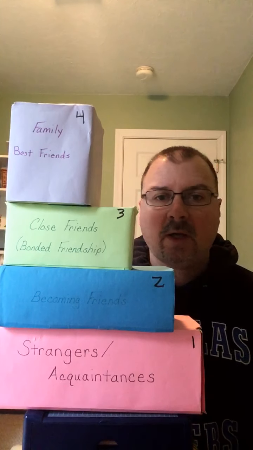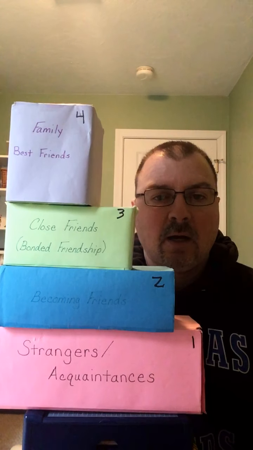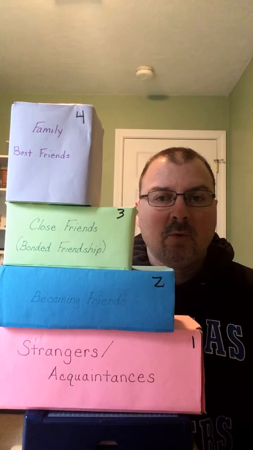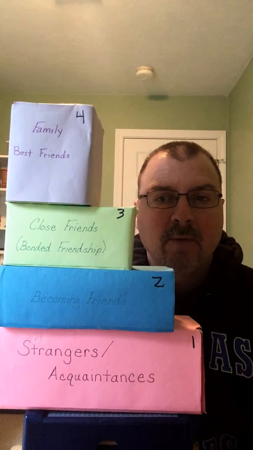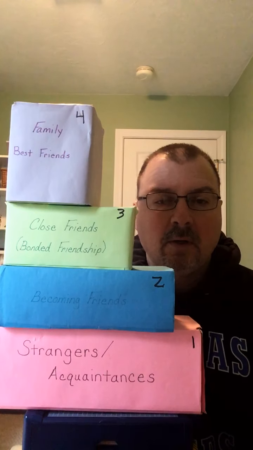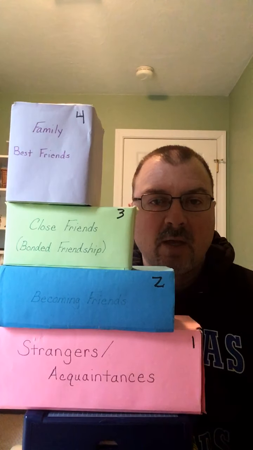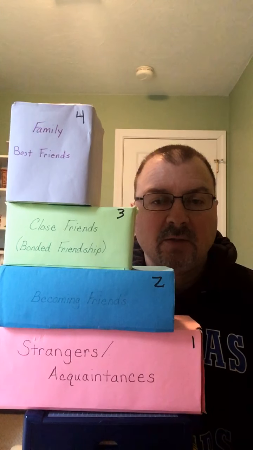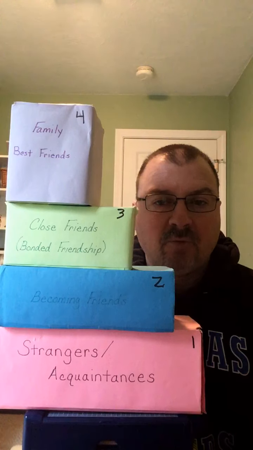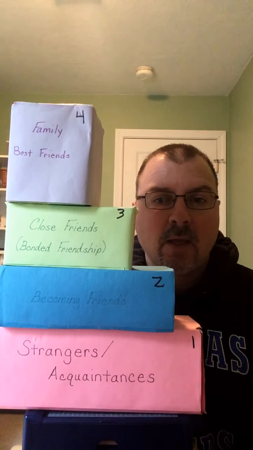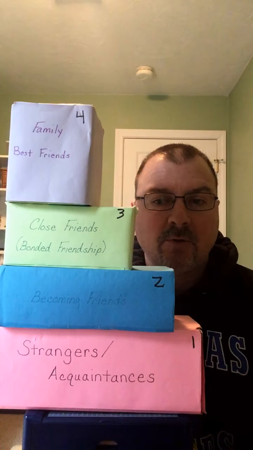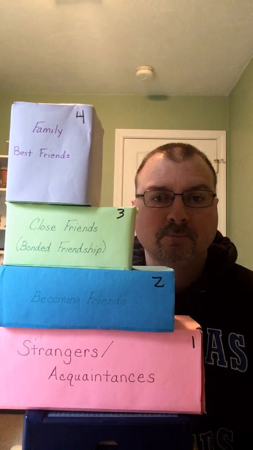So I just want to give you a quick review lesson on the friendship pyramid. Then I'm going to give you a little bit of a quiz. So you're going to need a piece of paper and something to write with. If you want to take a minute right now and go grab a piece of paper and a pen or a pencil, I will wait for you for about a minute or so.